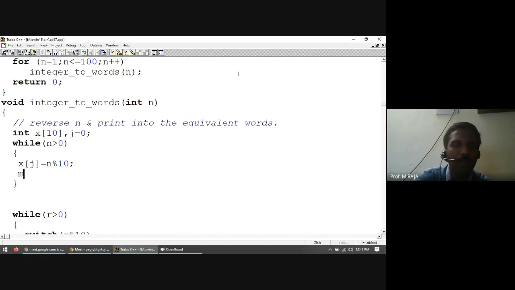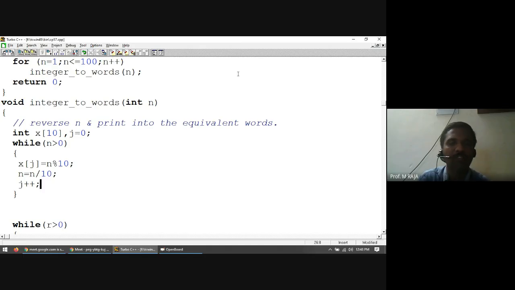So writing the operation n is equal to n by 10, and the variable j needs to be incremented by 1, j plus plus. This is similar to how we have introduced the variable j and j plus plus in decimal to binary conversion.